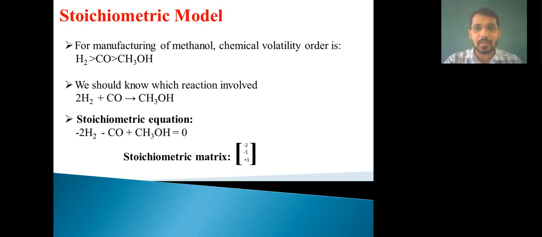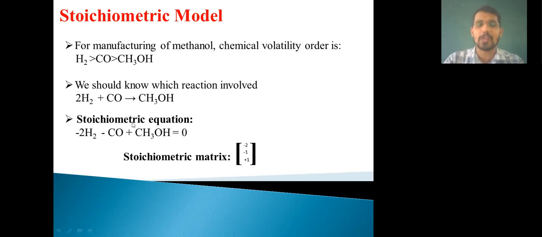After that, form the stoichiometric matrix. The stoichiometric matrix for this manufacturing reaction is -2, -1, +1. -2 is the coefficient of H2, that is hydrogen gas. -1 is the coefficient of CO, carbon monoxide. +1 is the coefficient of methanol, CH3OH. The product of this reaction is CH3OH, meaning we are manufacturing CH3OH.